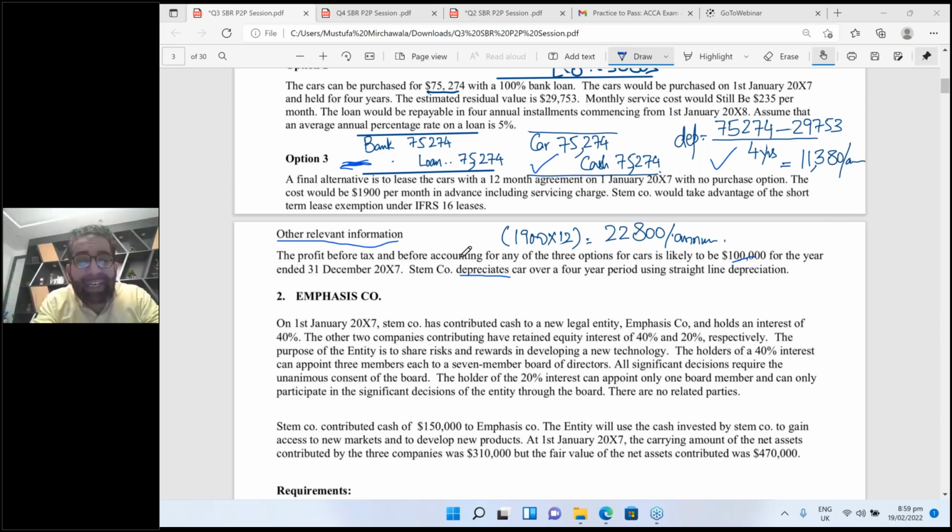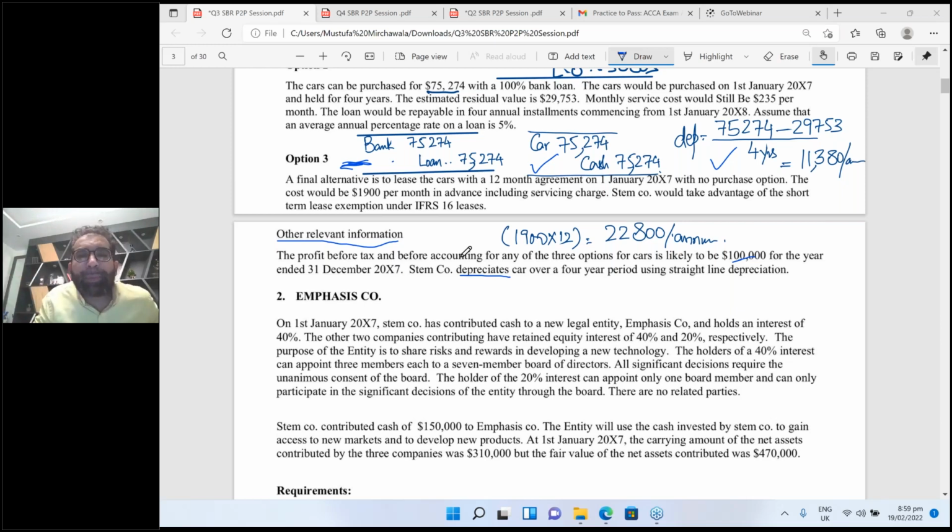The cost would be 1900 per month in advance, including service charge. See, this 1900 already includes service charge. But now the good news is you don't need to split the service charge and lease payment, because this is an operating lease.